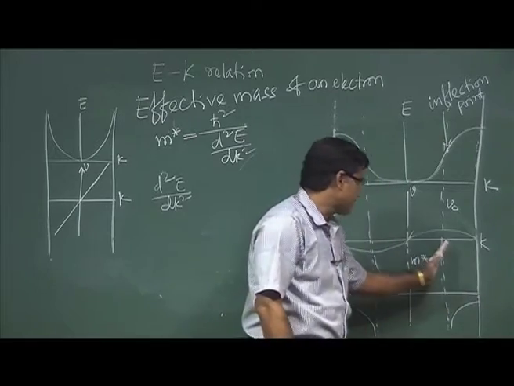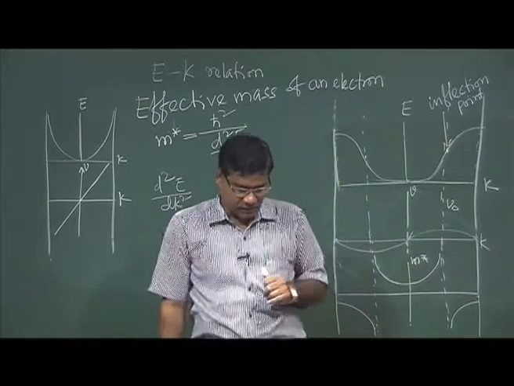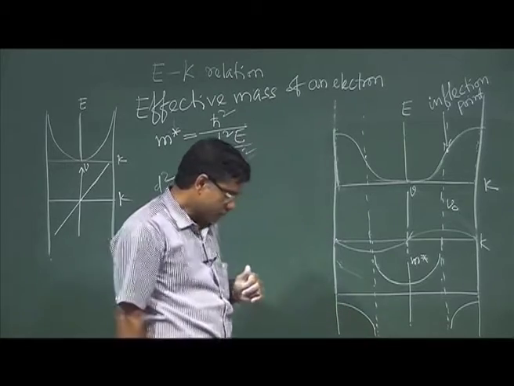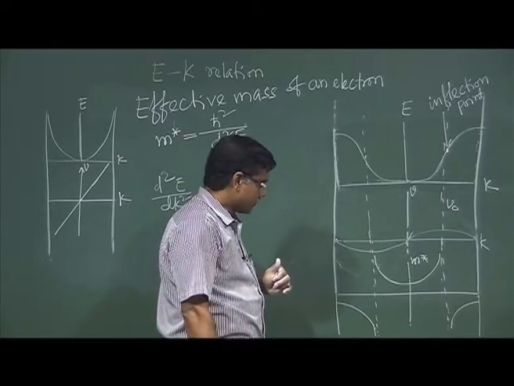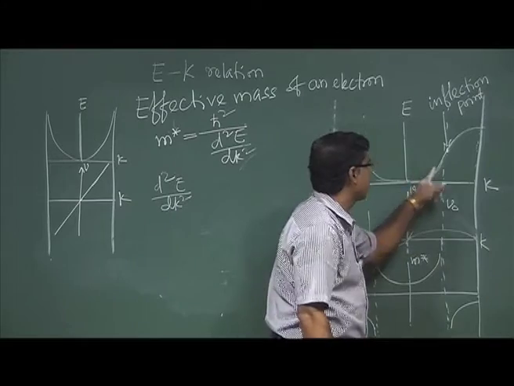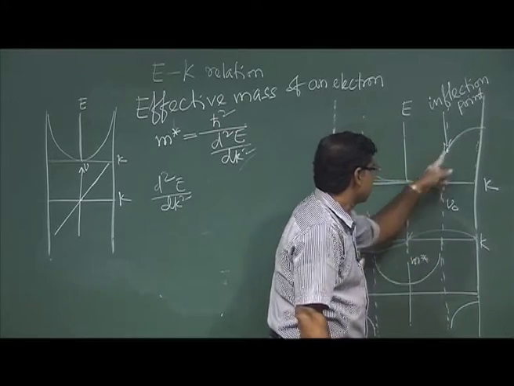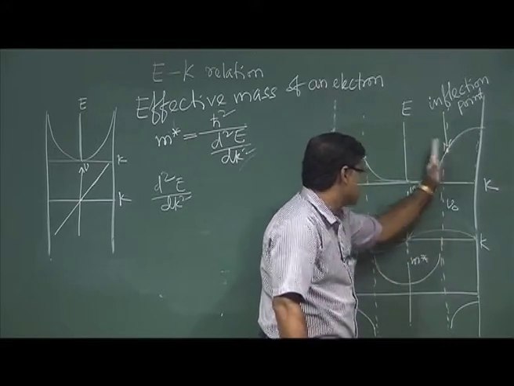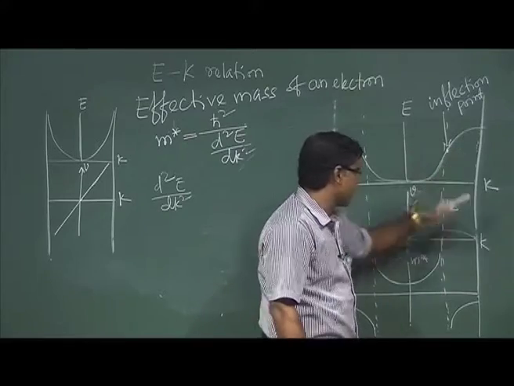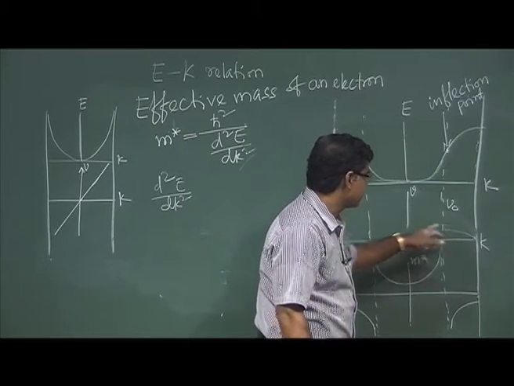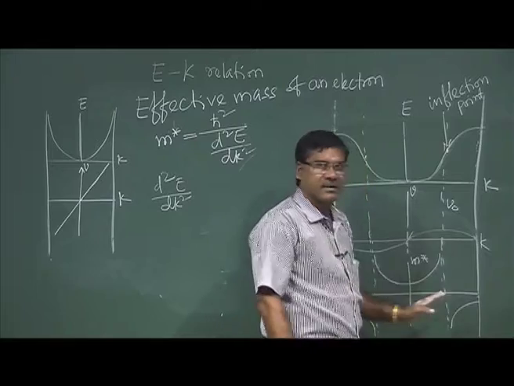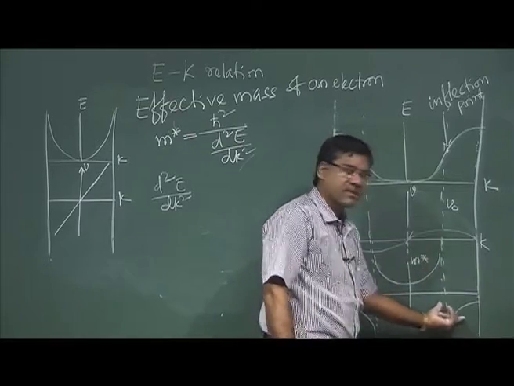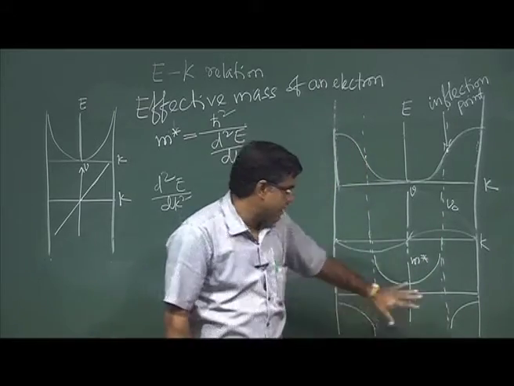So this inflection point is the turning point of the curvature, you know. So this is very important. Before this inflection point and after it, the change is different in the case of velocity, and in the case of mass also. So here negative mass.